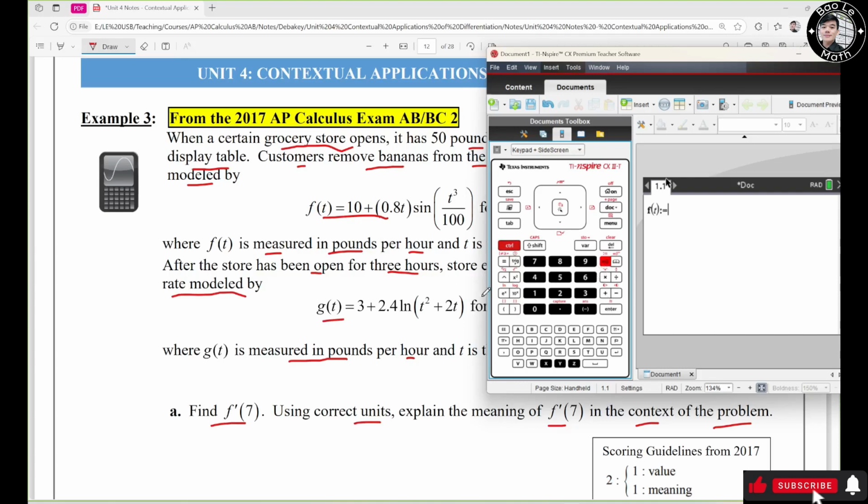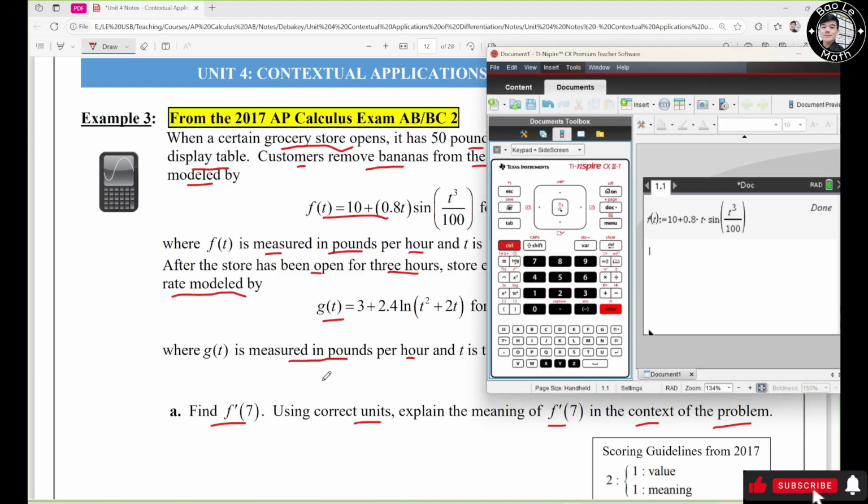Alright, so you're going to type 10 plus parenthesis 0.8 times t close parenthesis, and hit the trig key right here, sine of pi t over 100. Then hit enter. Done.